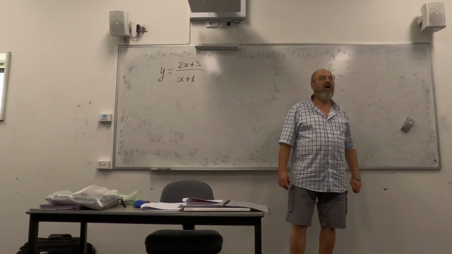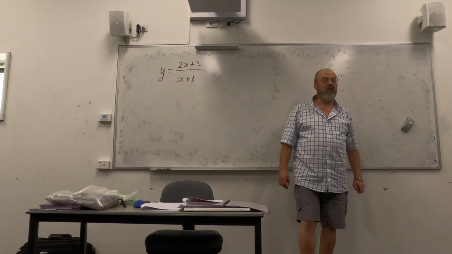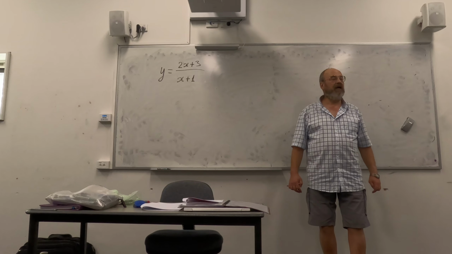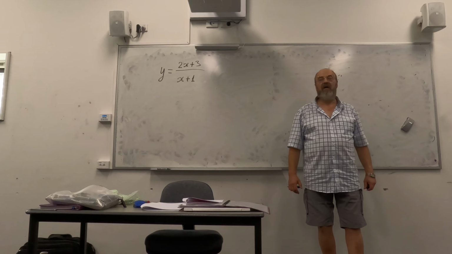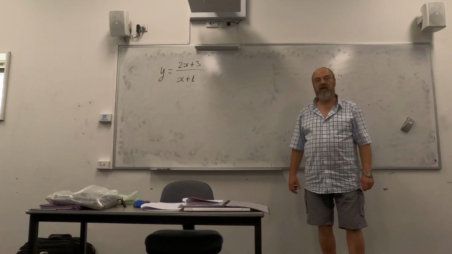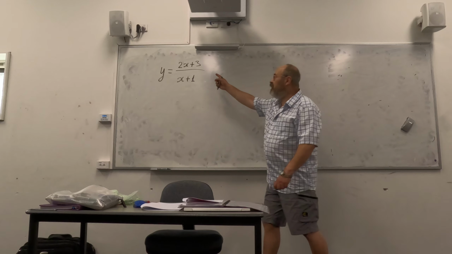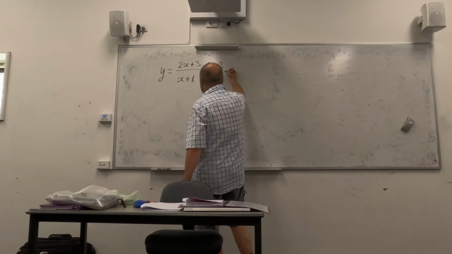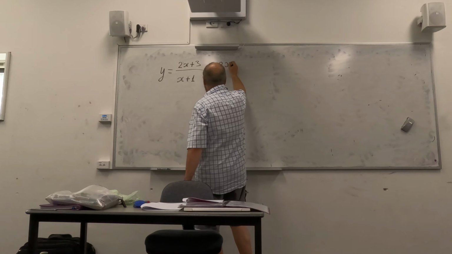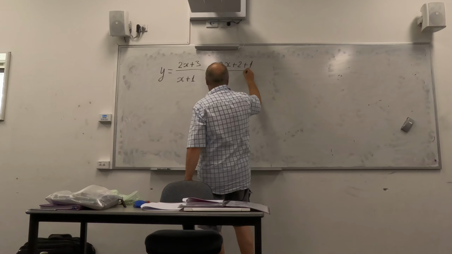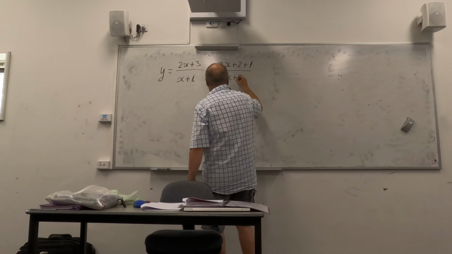Later on, when we will learn division of algebraic expressions, we can just divide numerator by denominator. For now, let's rewrite the numerator as 2x plus 2 plus 1 over x plus 1.